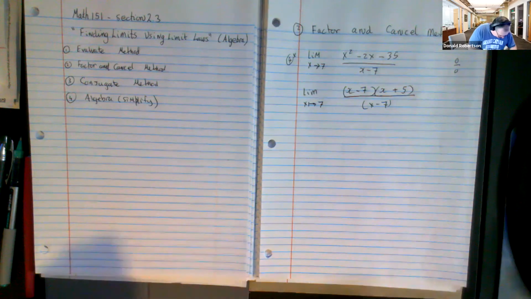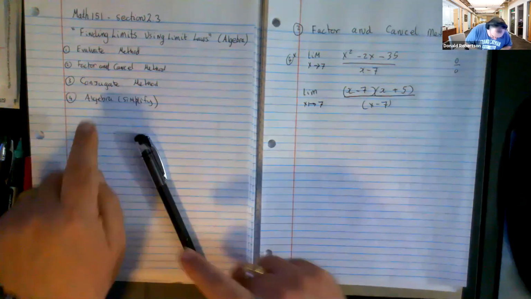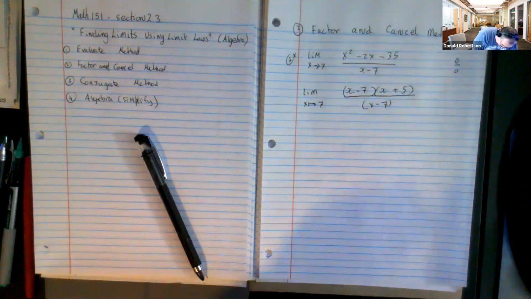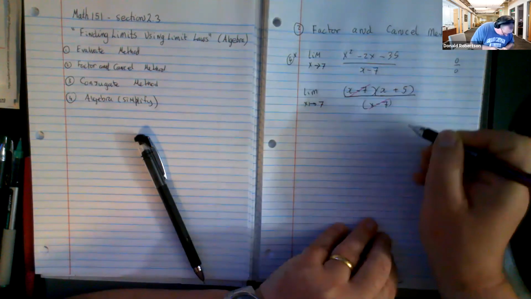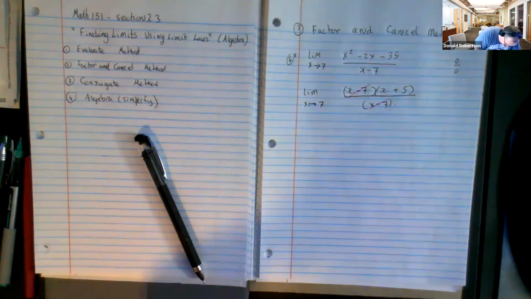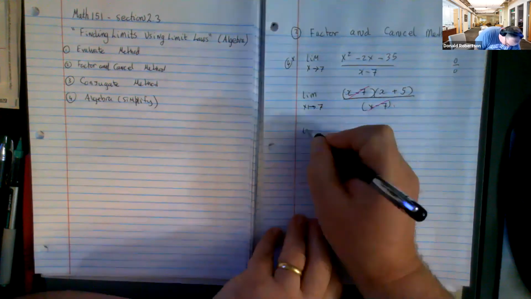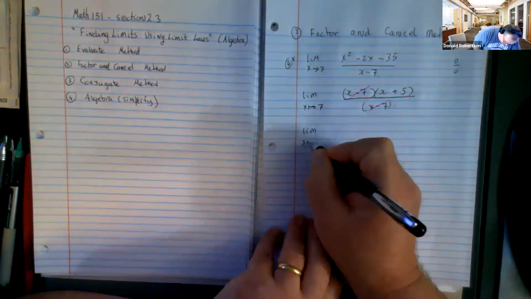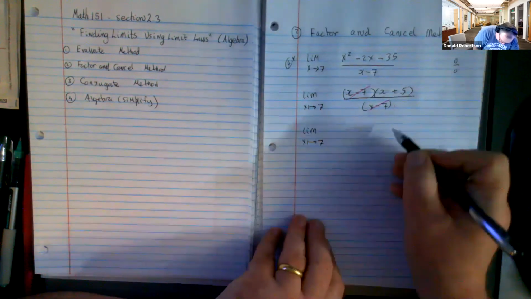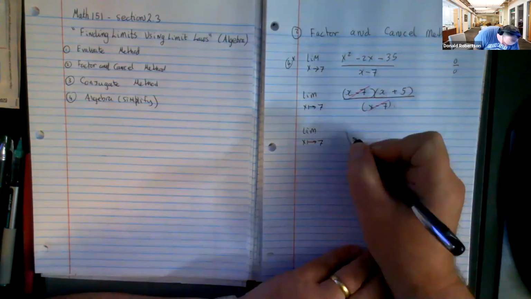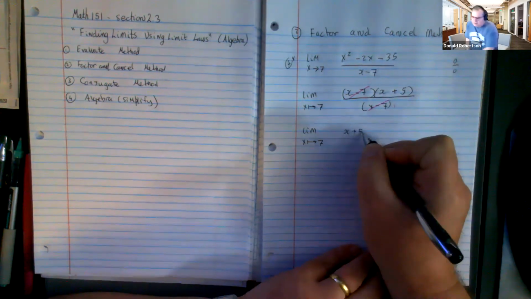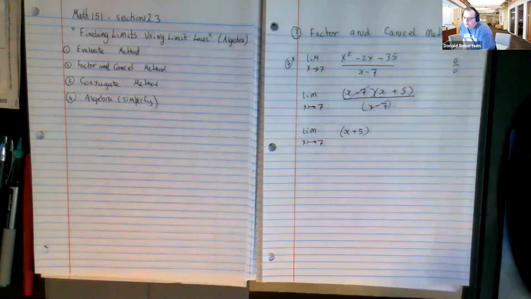So you factor it, and then you cancel. This guy cancels this guy. So what we have left here is the limit as x tends to 7. Technically speaking, this is x plus 5 over 1, but I think most people would just call it x plus 5. Would you agree? There's no reason to put the over 1.